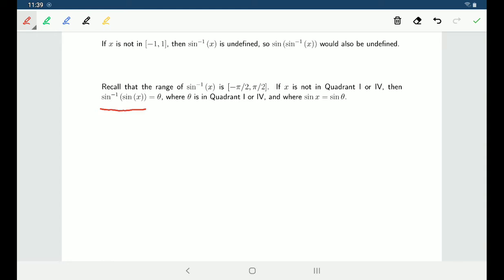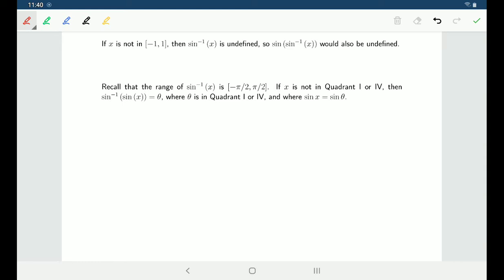It'll still give you a number that's between negative 1 and 1. But remember that sine inverse will only give you angles between negative pi over 2 and pi over 2. So if your input wasn't in that interval, you will not get the same output back that you put in.